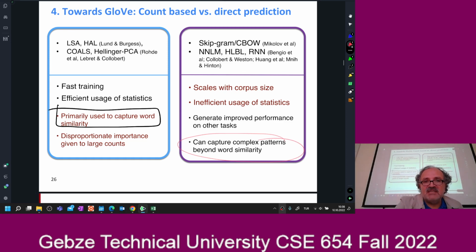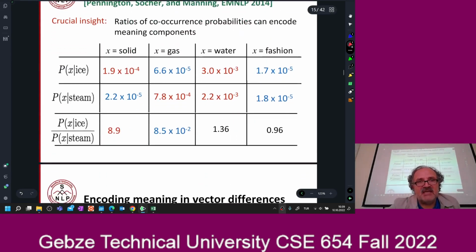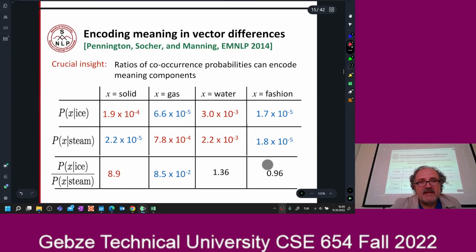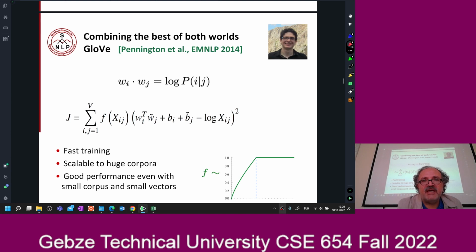The other one is very fast. But training is just simply forming the matrices, right? That's it. And it uses the efficient use of statistics, but again, it doesn't generalize very well. Somebody came up with this idea of GloVe: combine the ideas from both of these worlds.